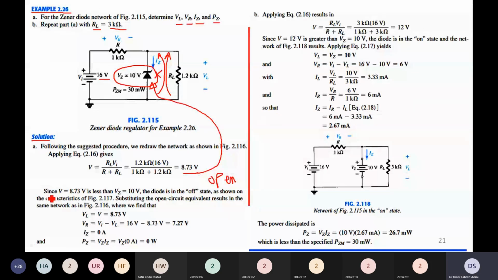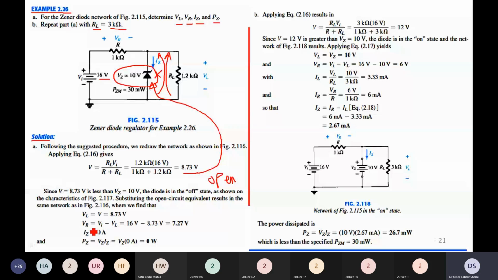Since VL equal to 8.73 volts is less than Vz equal to 10 volts, the diode is in the off state as shown in figure 2.117. Substituting the open circuit equivalent results in the same network as in figure 2.116, where we find that VL is equal to 8.73 volts.